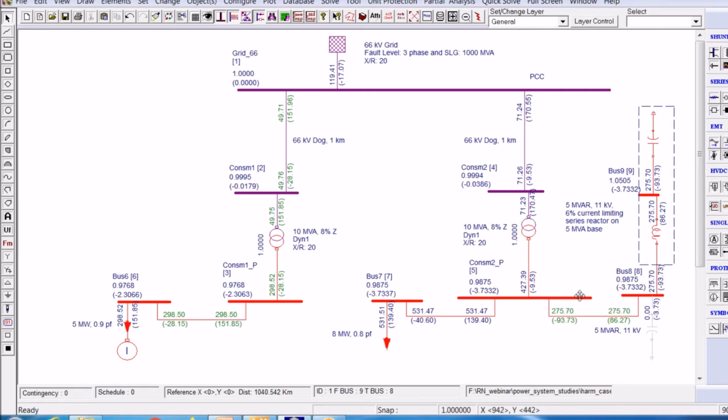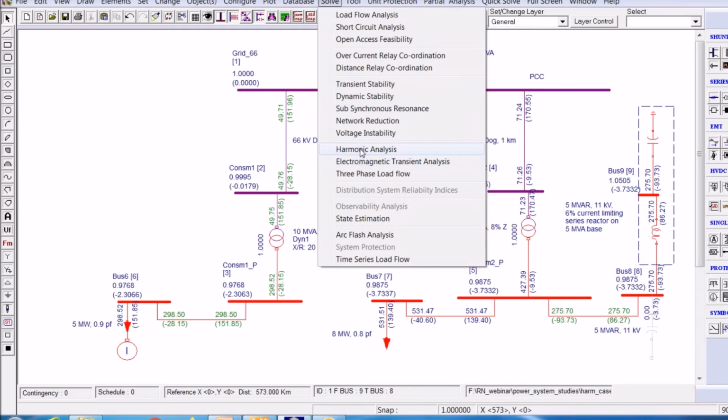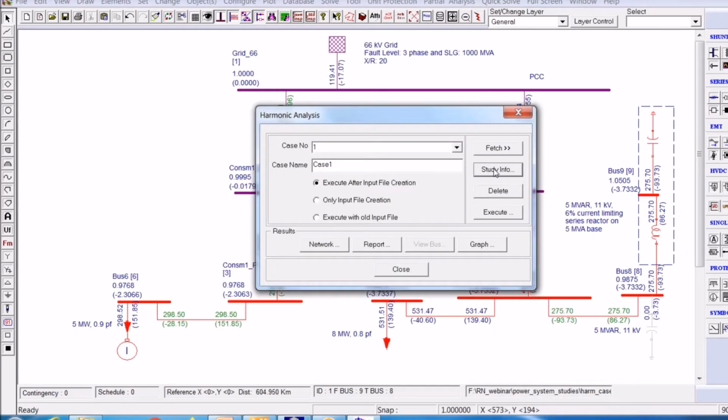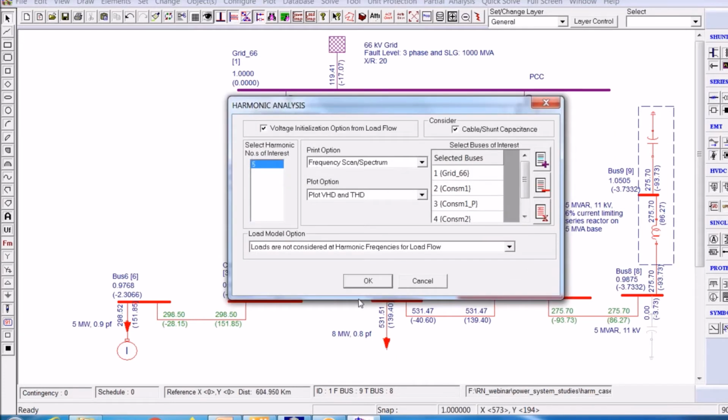Now you can see that the capacitor bank is still 5 MVAR with a 6% current limiting reactor. The fundamental load flow is plotted. Now again see what will happen in the harmonic analysis. Frequency scan is selected.